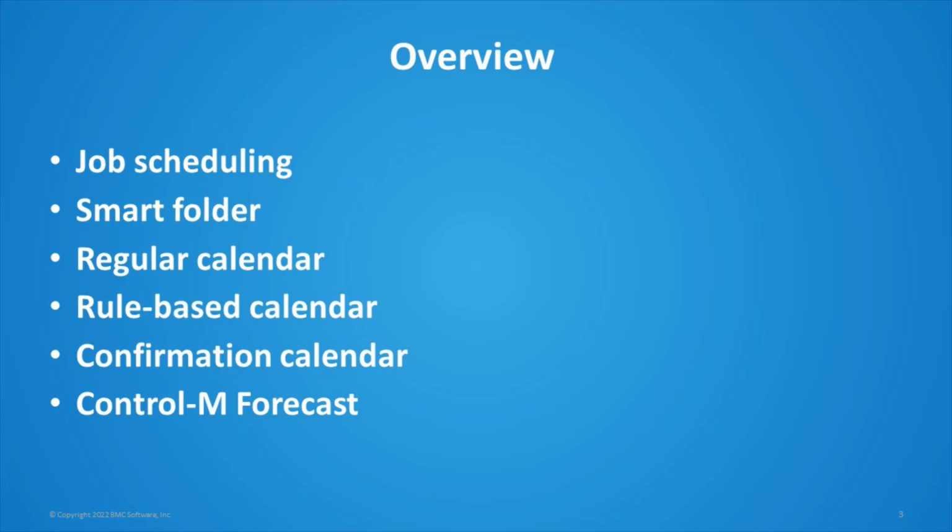We will also look at regular calendars, rule-based calendars, confirmation calendars, and how to work with them. We'll be using the Control M add-on Control M Forecast to help display and analyze when jobs will be scheduled.